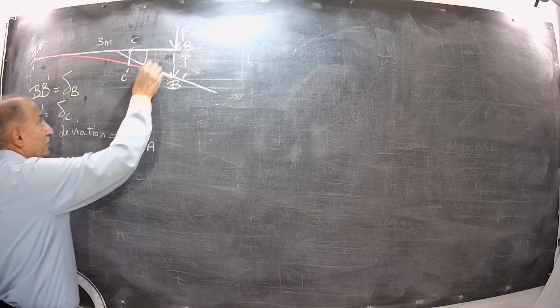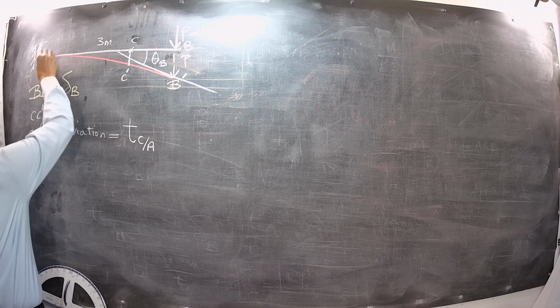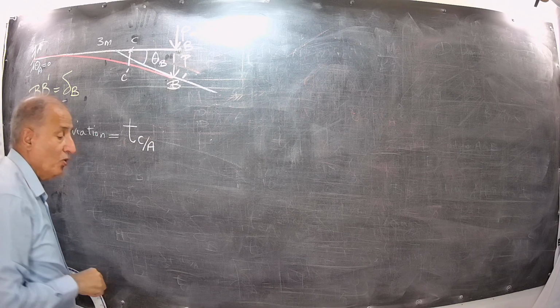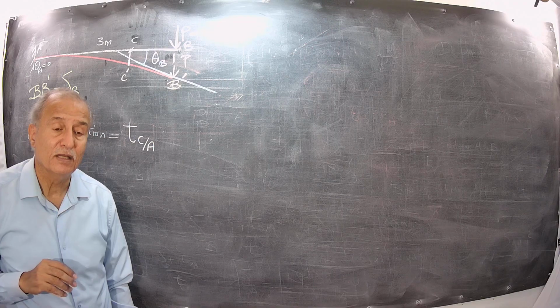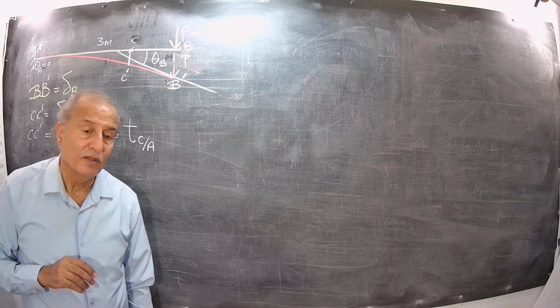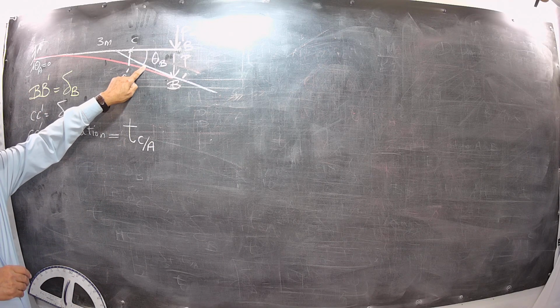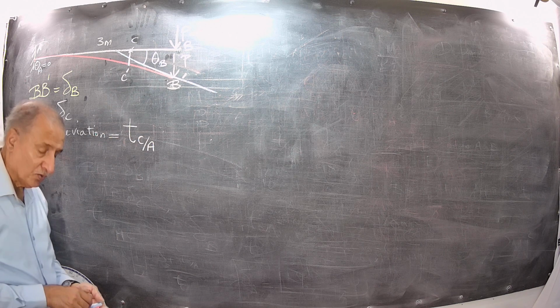We call it theta B. But remember, theta A is 0 because there is no angle between the original configuration of the beam and tangent at point A. The first theorem is about calculating slope or rotation of a point after the beam is deflected. How much is that? Let's start with the first theorem.